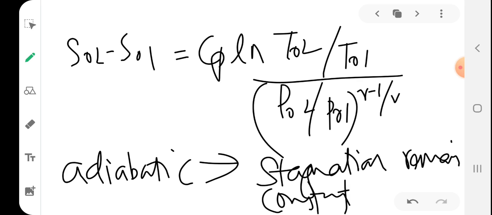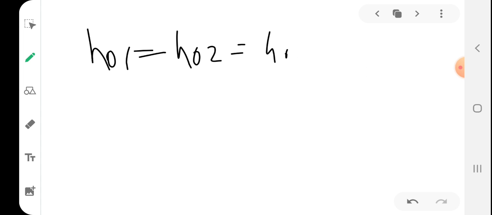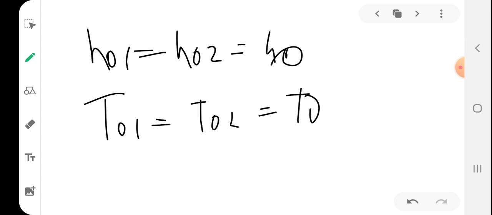We have already studied those properties, right? We have written H0 equal to H01 equal to H02. H0 is Cp T01, and H02 is Cp T02, so T01 is equal to T02 equal to T0, right?